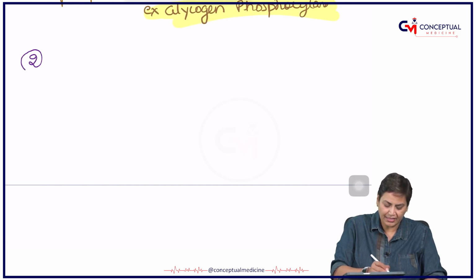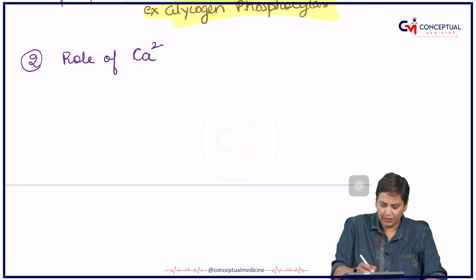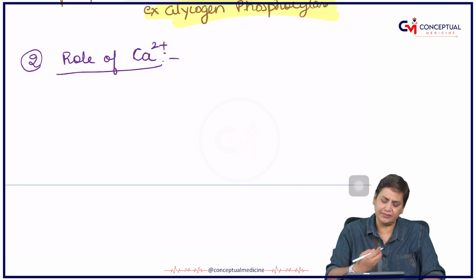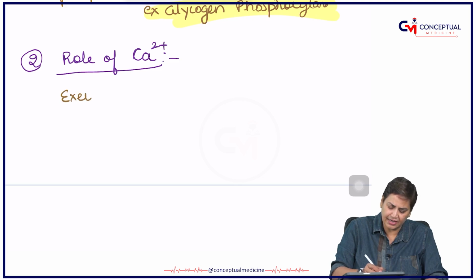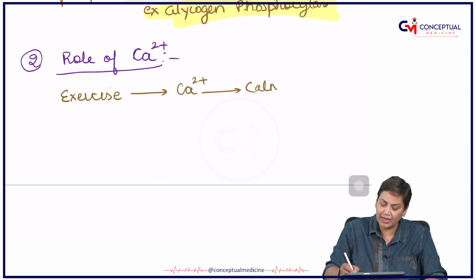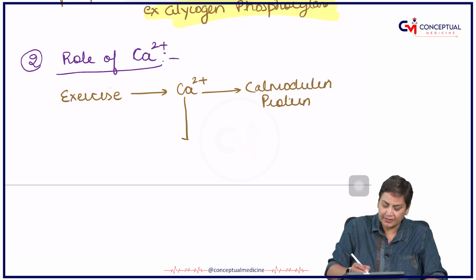Second is role of calcium. Now if we talk about role of calcium, always keep one thing in mind. In exercise, or anything related to the muscle, calcium will always be released and it will bind with calmodulin type of protein, and its function is it will make glycogen phosphorylase active.